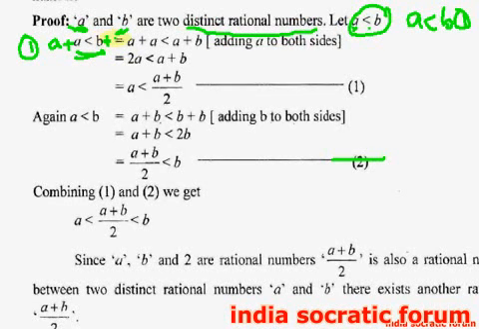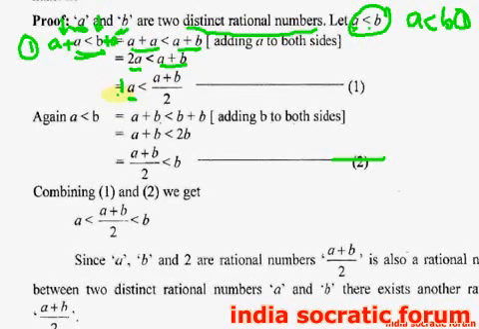You can add any number to either side of the inequality. So that gives A plus A, A plus B. A plus A we know is 2A, and A plus B is A plus B. The inequality sign stays: 2A is less than A plus B.